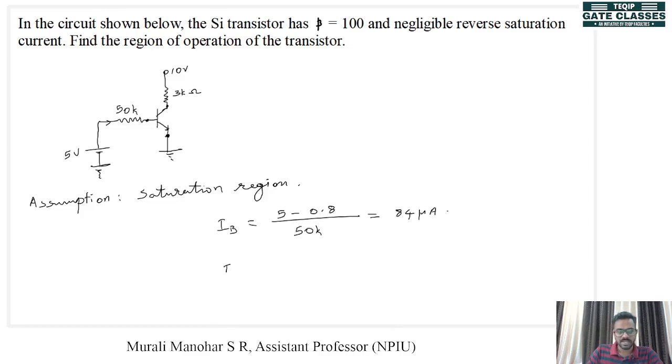Now IC sat will be equal to 10 minus VCE sat, which is 0.2 divided by the resistance 3K, right?